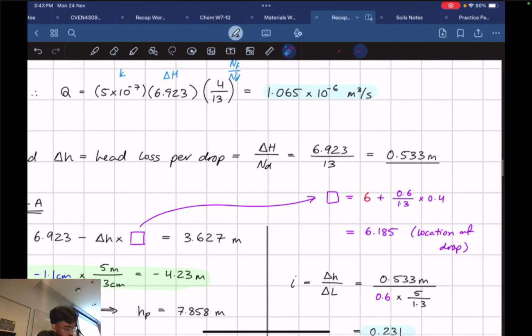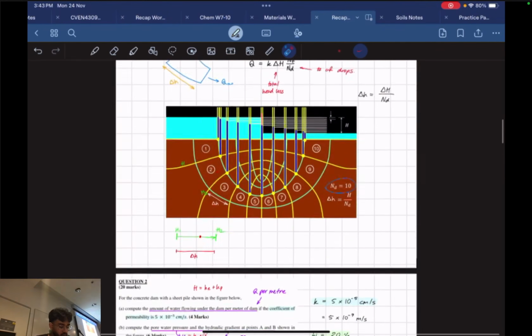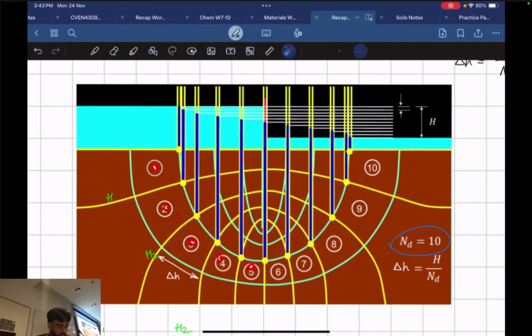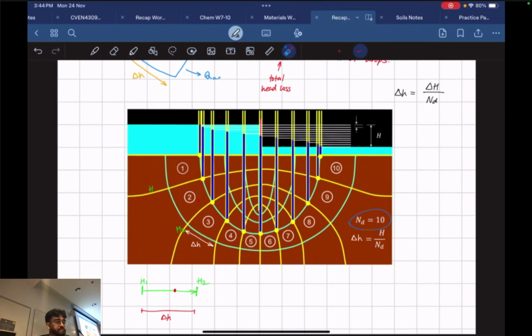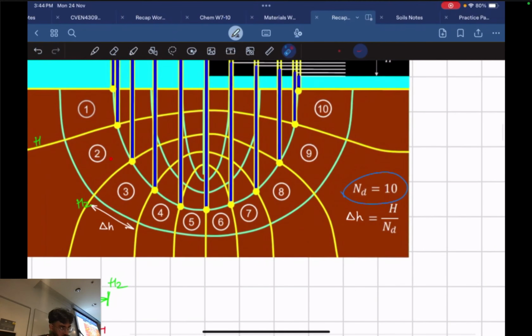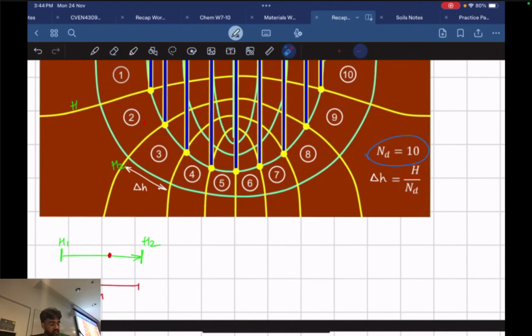Why would we? This 6 is not really a distance. It's a value for your drop, so first drop, second drop. So I'm saying it's 1, 2, 3, 4, 5, 6, and then I have some sort of 6 and a bit. Why do you have to scale a bit but not 6? Because what I'm scaling here is... okay, wait, sorry.